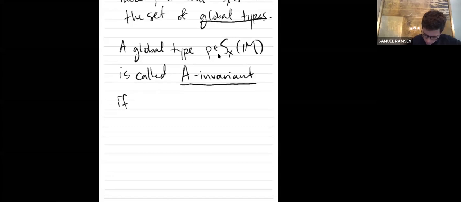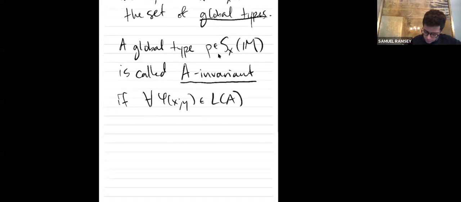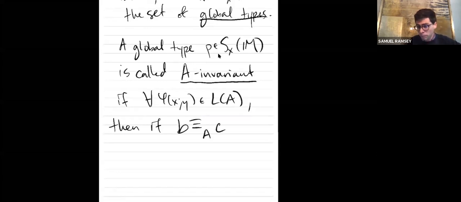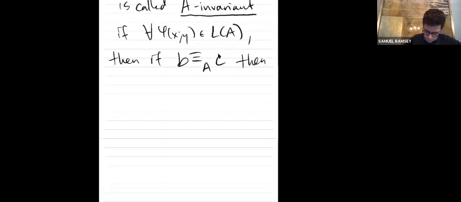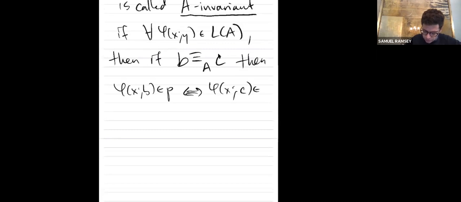Whenever I take a formula phi(x, y), which maybe has parameters coming from A, then if b has the same type as c over A, then phi(x, b) is in p if and only if phi(x, c) is in p.